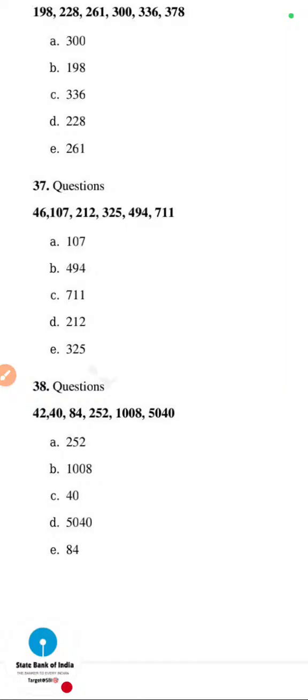Next one is 113. The next difference between 494 and 325 is 169. And the next difference is 217.